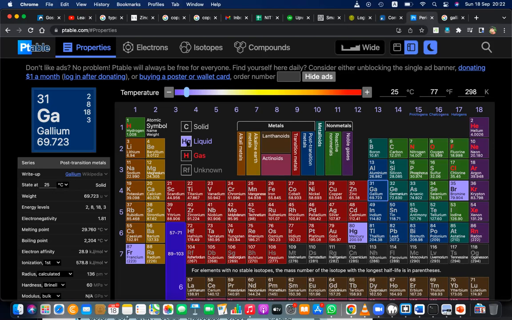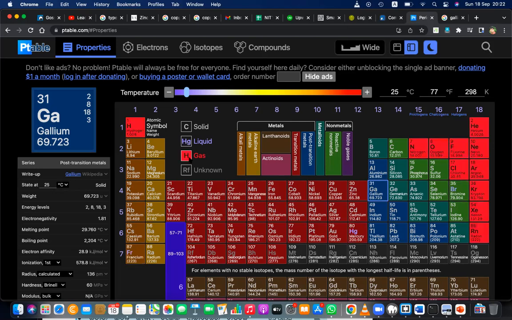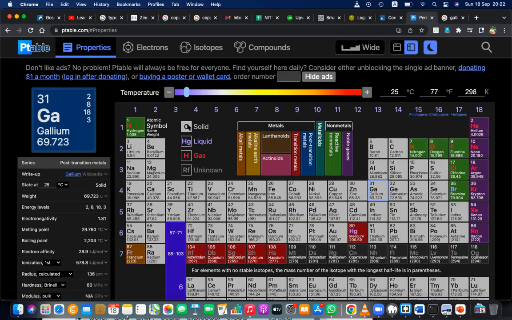Therefore, that's why I asked you to please go through this. H for hydrogen, He for helium, neon, oxygen, fluorine, chlorine, argon. Please be familiar with these symbolic names. Then these are the liquids and the solids. A lot of things are in solid state: lithium, beryllium, boron, carbon, magnesium, sodium, aluminium, silicon, phosphorus, sulfur, potassium.